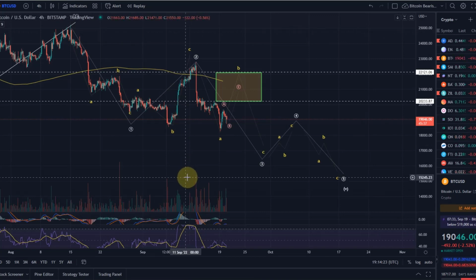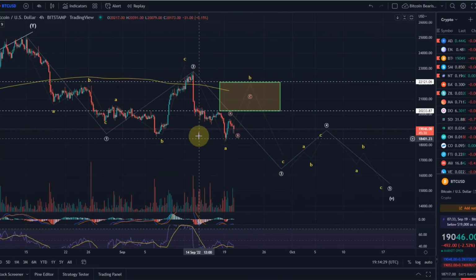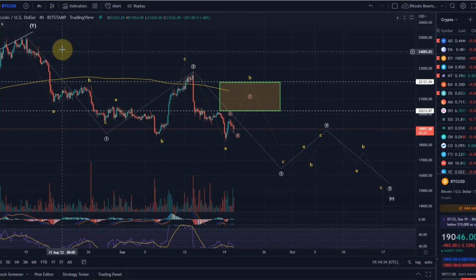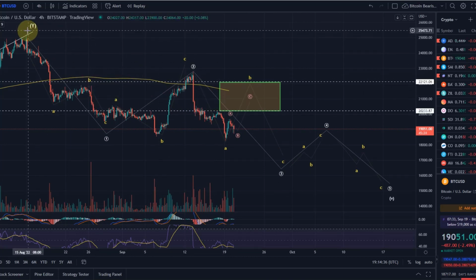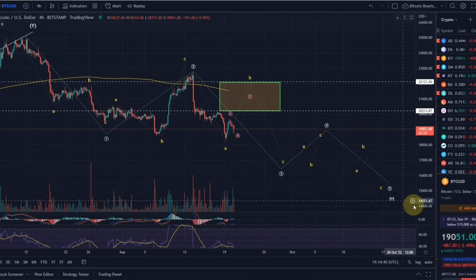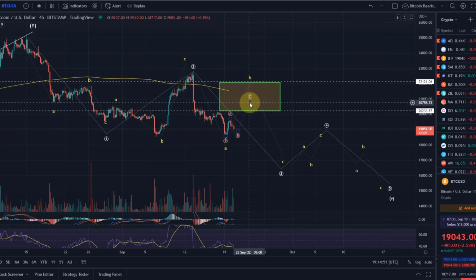So the other count that's possible, if we break above the $20,200 level, is this one. And it's basically what I've just explained to you, just looking a little bit differently. Wave 1 down, wave 2 up, 3, 4, 5. This is where we don't count wave 5 as a 3-wave move. But we have the possibility that we have here an ABC where the C wave is going to push higher, before we come down.